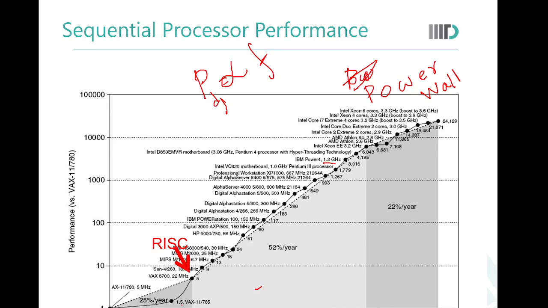So you can think of the amount of power density we are talking about. This problem was termed the power wall. We were achieving more and more performance very easily, but then suddenly this huge wall came in front of us.